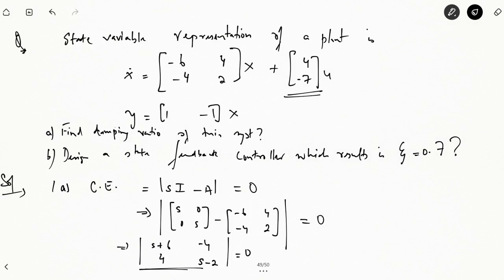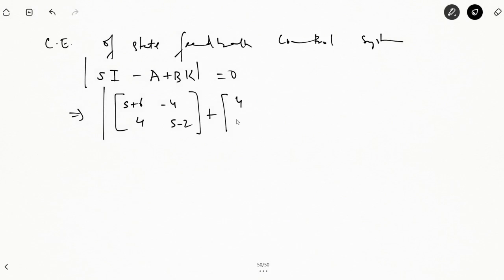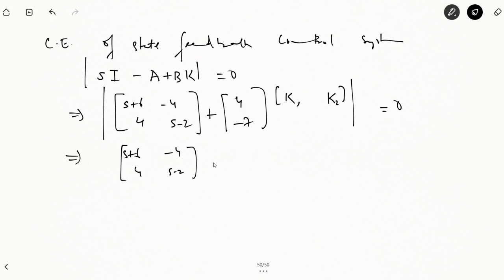B is [4; -7], times K, a row matrix [K1 K2], equal to 0, which implies [s+6 4; -4 s-2] plus [4k1 4k2; -7k1 -7k2].